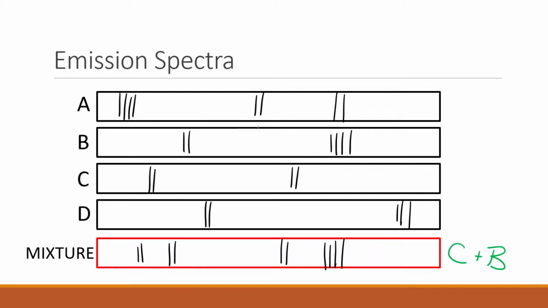All of the lines from an element must show up in your mixture or unknown for it to be considered a part of your mixture or unknown. Right, so even by adding these lines, I could add all 4 of these lines to A here. That does not mean that I add A down here, because these lines are not found in my mixture.